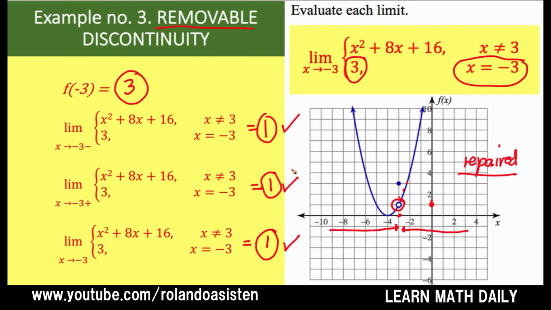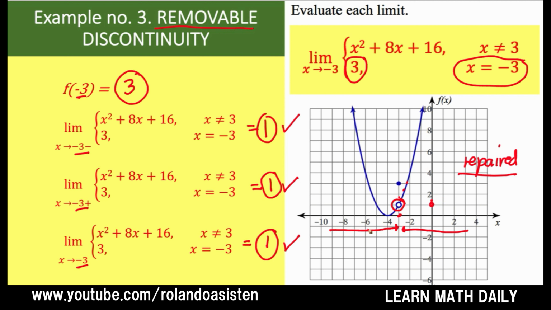Because in the limit, we are interested in the values as x approaches that specific x value, but we are not after the exact value of the function at f of negative 3 in this case. So that's the difference between just evaluating a function and evaluating a limit. In algebra, most of the time, we are interested in getting the y value for any particular input x.